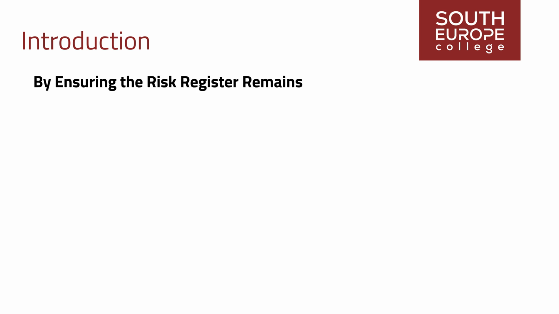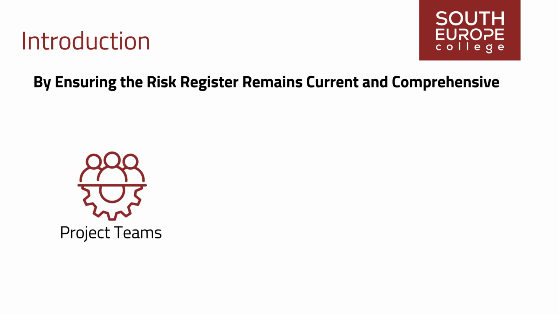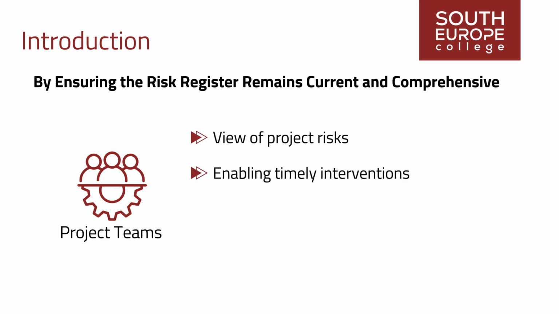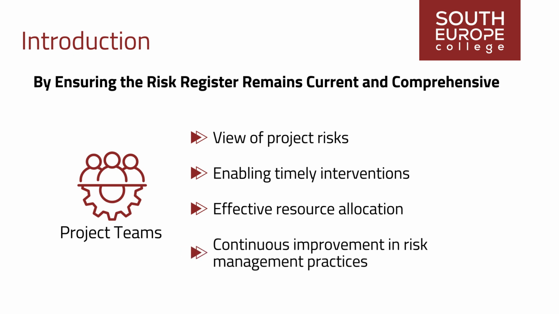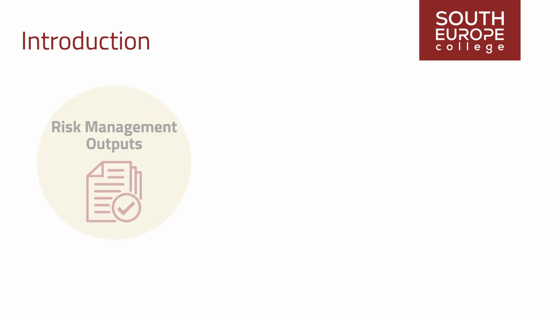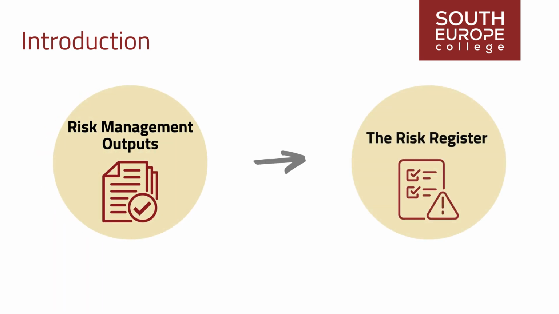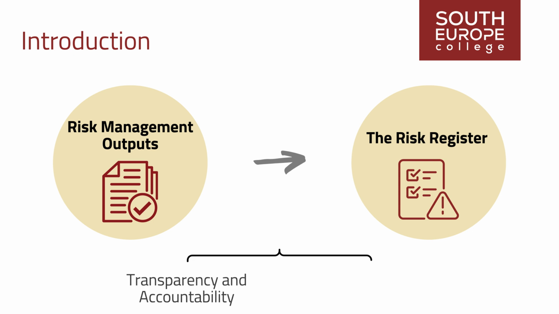By ensuring the risk register remains current and comprehensive, project teams can maintain a holistic view of project risks, enabling timely interventions, effective resource allocation, and continuous improvement in risk management practices. This integration of risk management outputs into the risk register not only enhances transparency and accountability, but also strengthens the project's overall resilience to uncertainties and challenges.